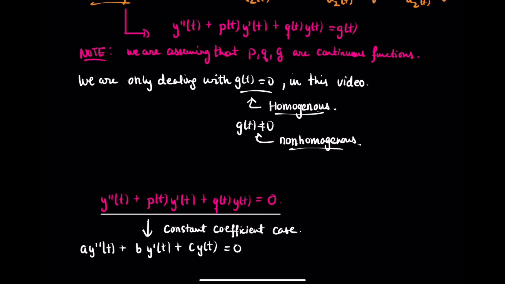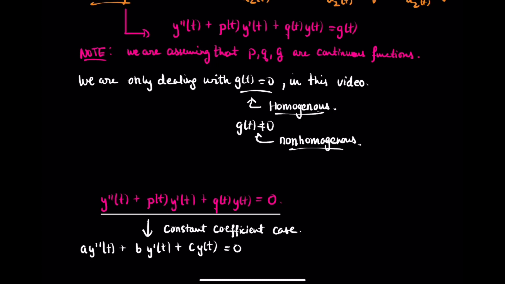There's a case when it is not constant, and then you cannot solve the equation like how I will solve it here. So just know that. In the future, we will deal with the case where p and q are in terms of t, and they're not just constants.